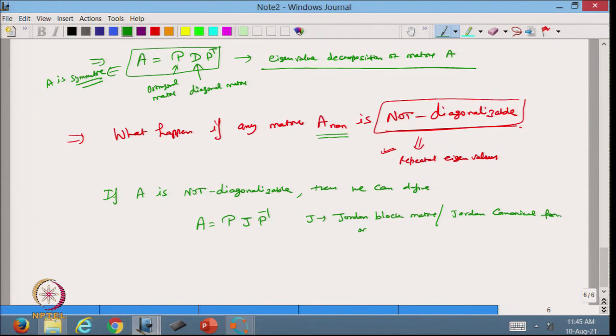So, this matrix J is the Jordan block matrix.